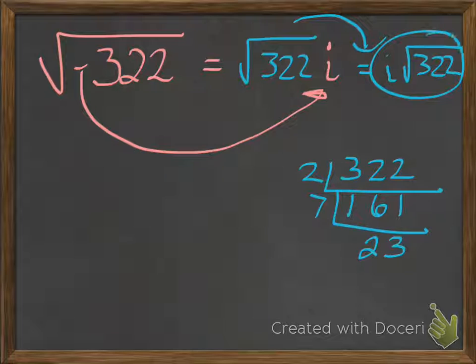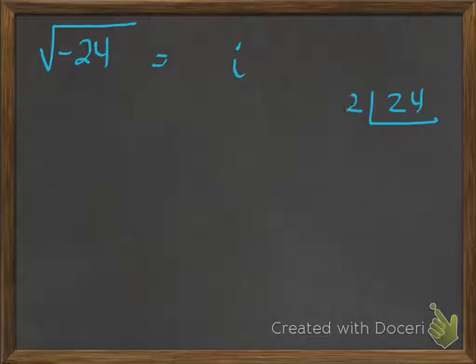So you just write this square root again, without the negative? Without the negative. So like if we had the negative square root of 24, we know we're going to have an i pulled out. This is divisible by 2, which gives us 12, which is divisible by 2, which gives us 6, which is divisible by 2, and gives us 3.